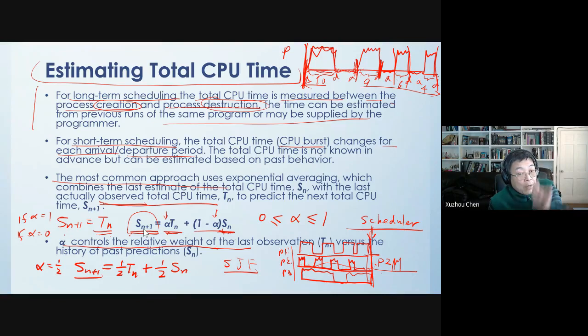That's why we use this formula to calculate the predicted CPU burst, and whoever has the shortest predicted CPU burst will get the CPU. It's not really the actual CPU time, because we don't know yet which one is shortest.